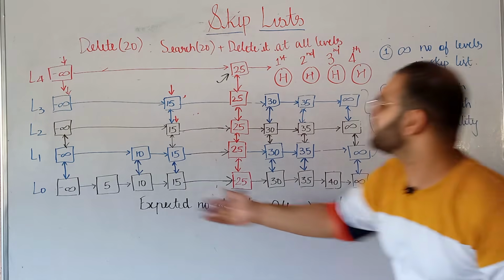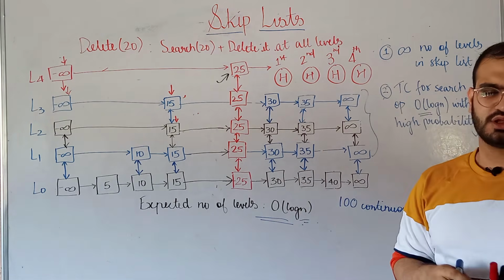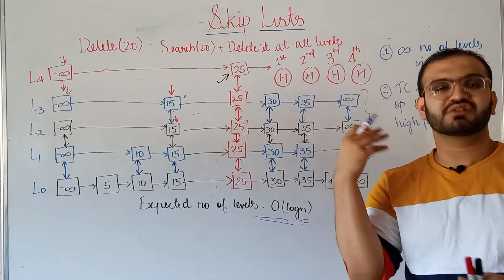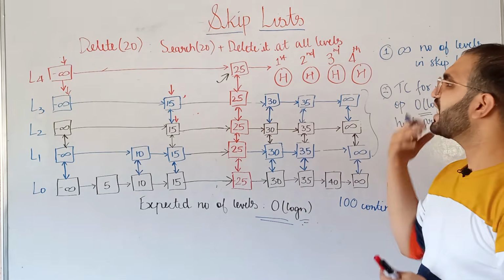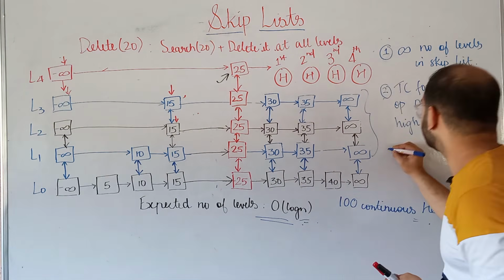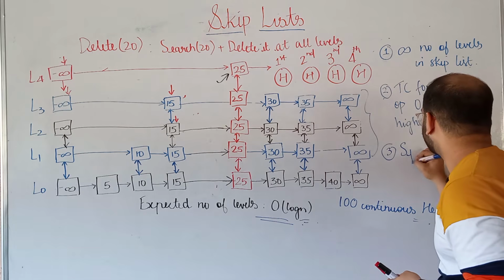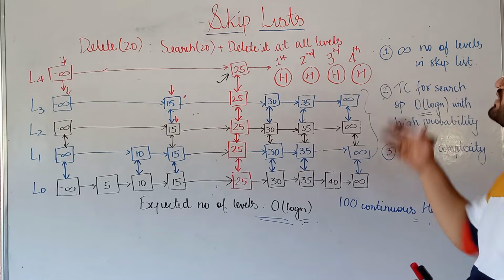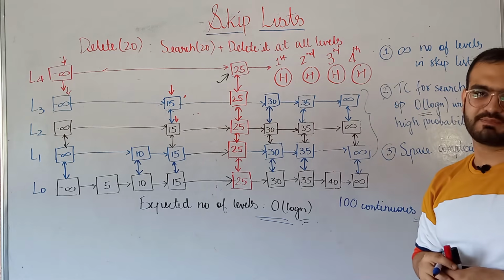And in case of a linked list, you are just having n number of nodes. So what is actually the trade-off when we look for a better time complexity? How much are we compromising in case of space complexity? So the third thing that we need to answer is, what is the space complexity of a skip list?